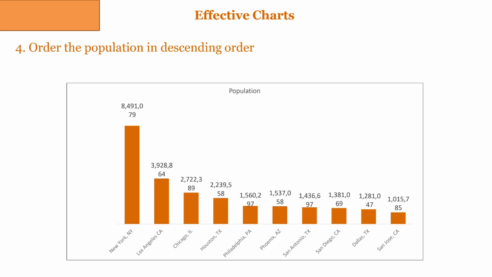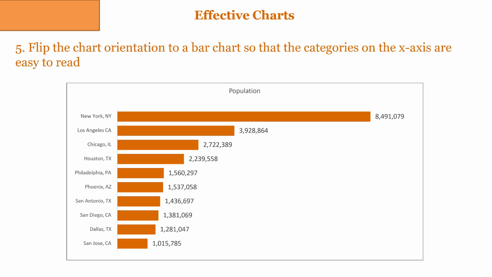Our categories here are bent, so if we flip it to a bar chart, nobody has to bend their head to read this. When the categories are too long to fit, you should always change the chart from a column chart to a bar chart.